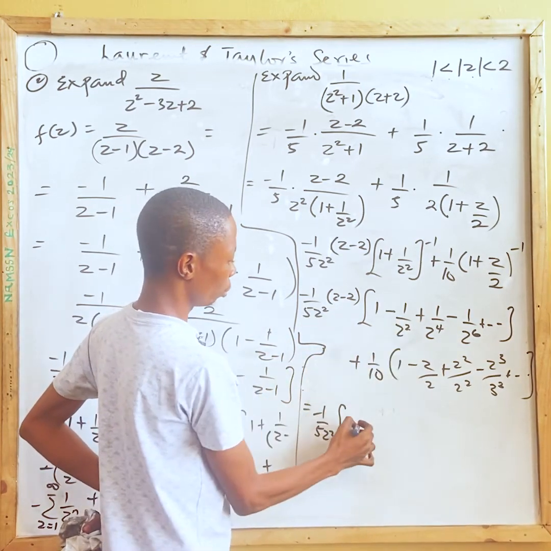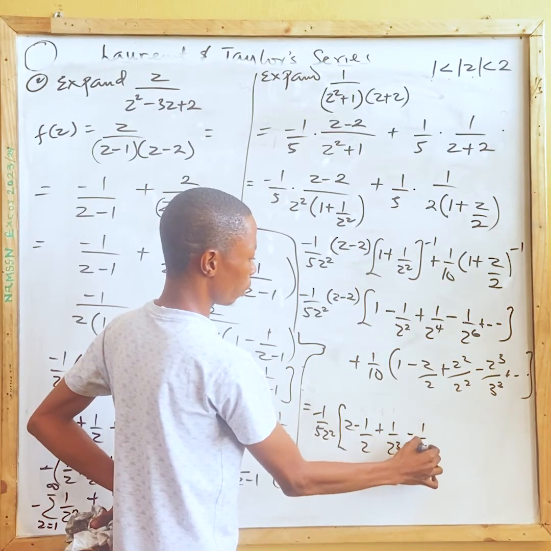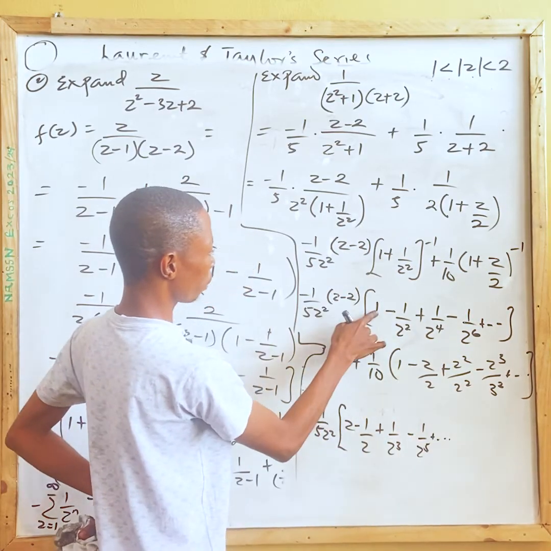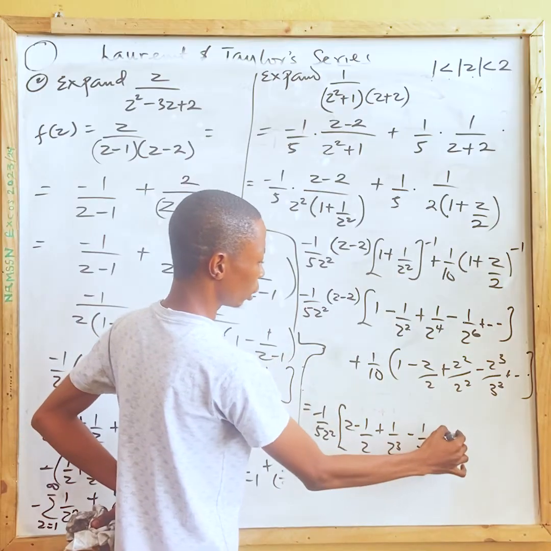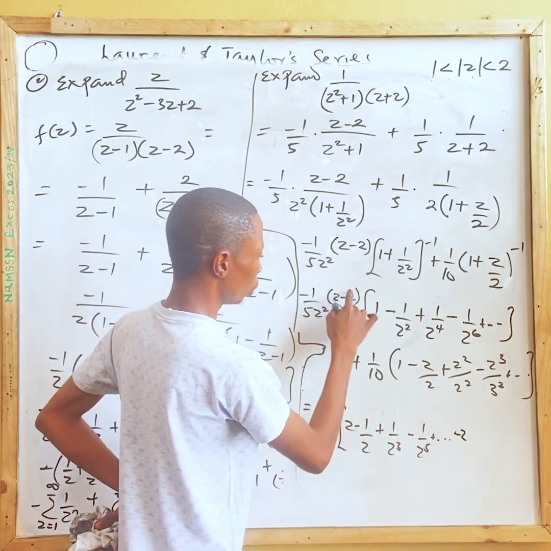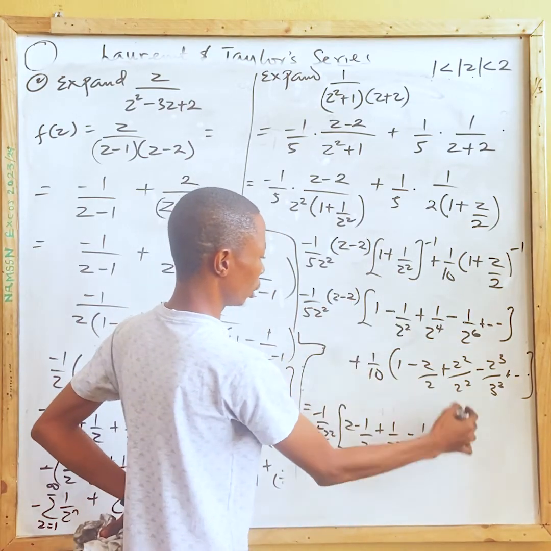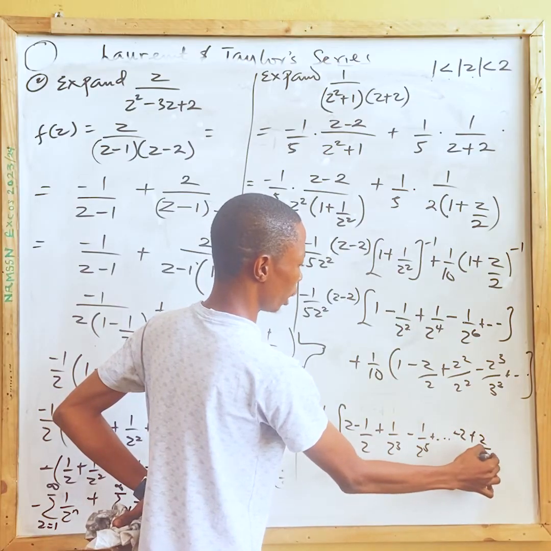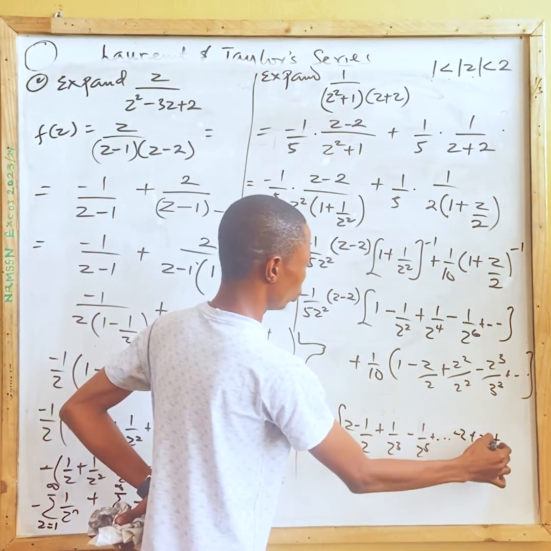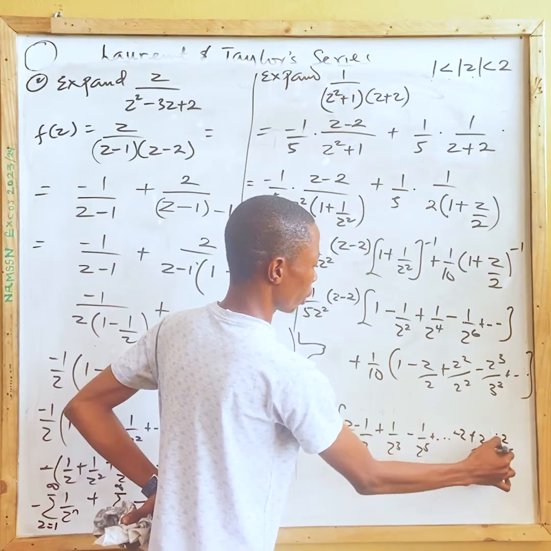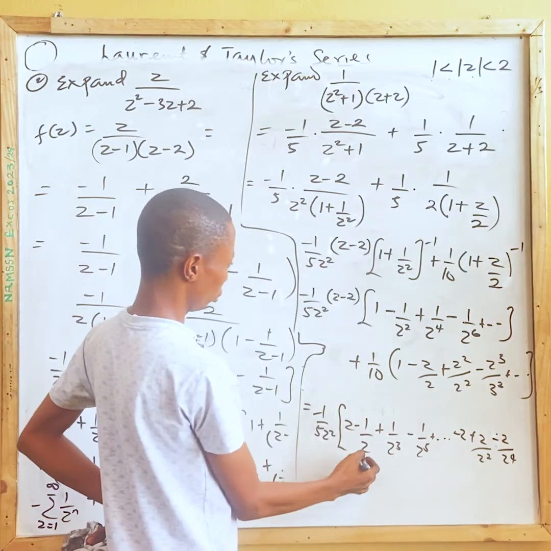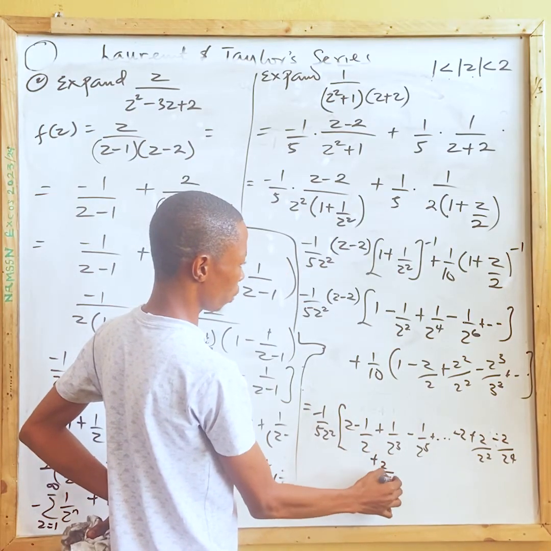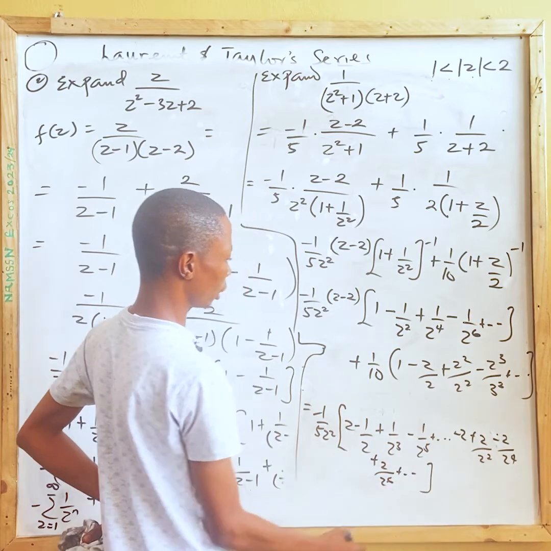Multiply this one by z, 1 over z raised to power 3. Multiply this one by z, 1 over z raised to power 5, and so on like that. Then multiply by 2. 2 times 1 minus 2, 2 times this. That's plus 2 over z squared, plus 2, minus 2 over z raised to power 4, plus 2 divided by z raised to power 6, and so on like that.